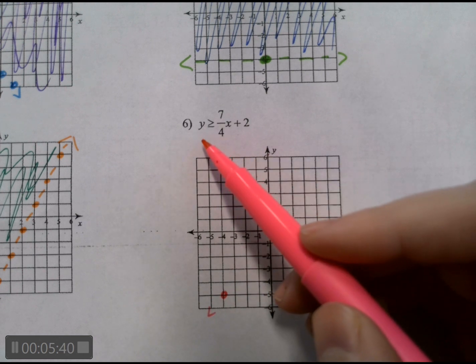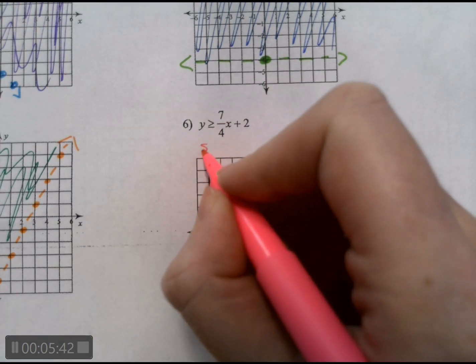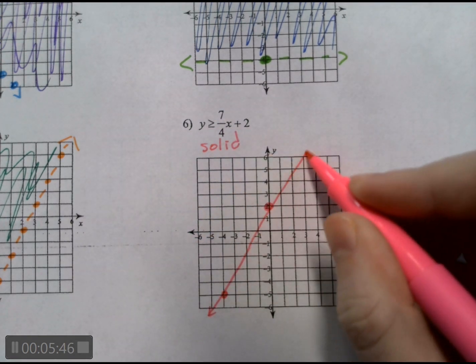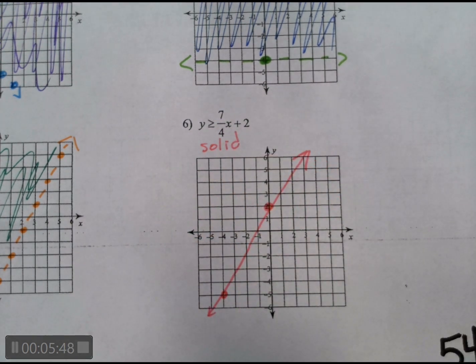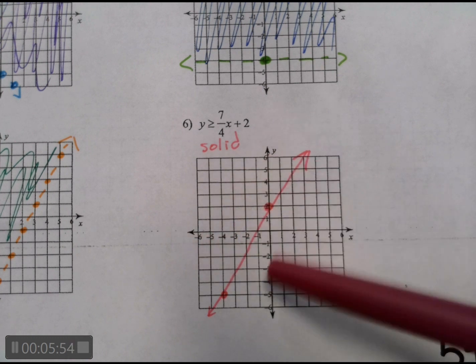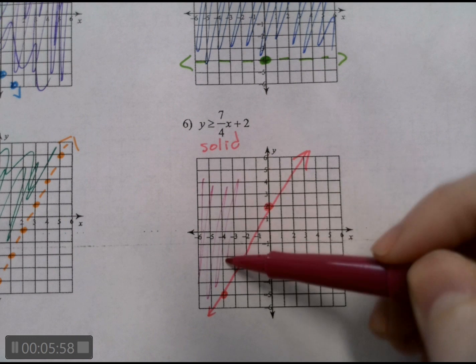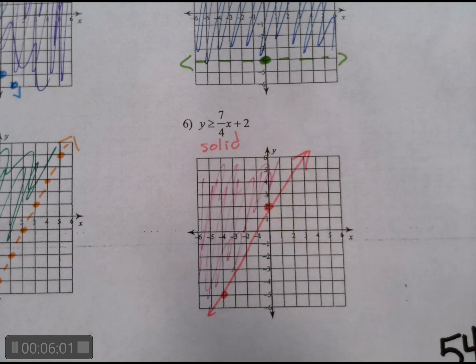And since there is a solid line underneath, this is going to be solid. Alright, and since y is greater than our line, is it going to be above or below? It's going to be above because y is greater than.